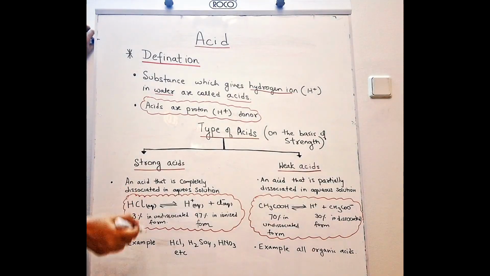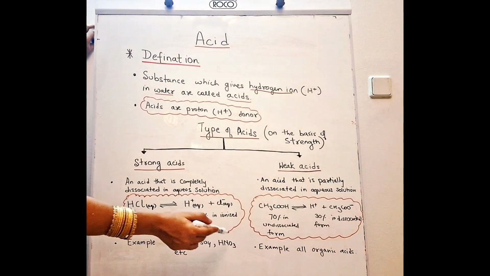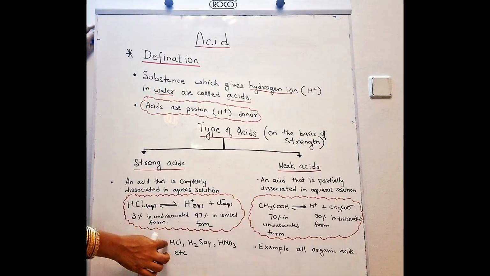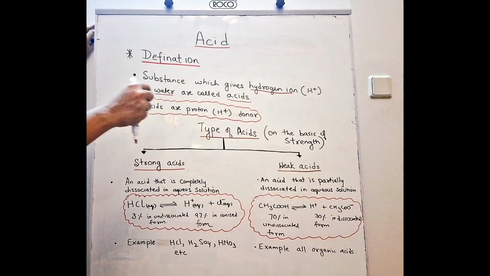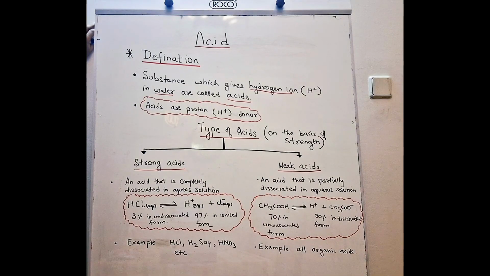Other examples of strong acids are HCl, H2SO4, HNO3, etc. Hydrochloric acid, sulfuric acid and nitric acid. Now, what type of question? They will give you certain examples and ask you to identify whether the acid is a strong acid or a weak acid. From where will we understand this?